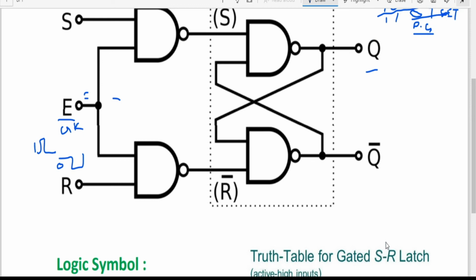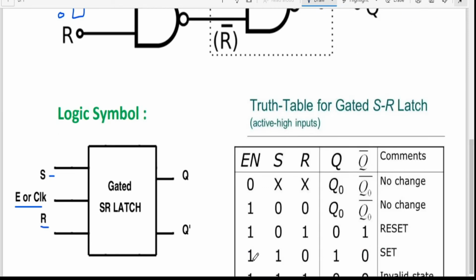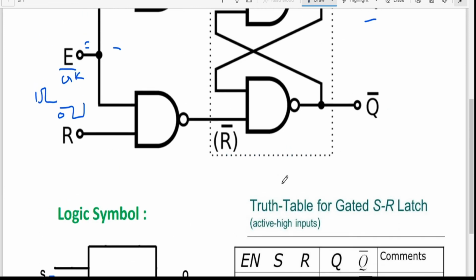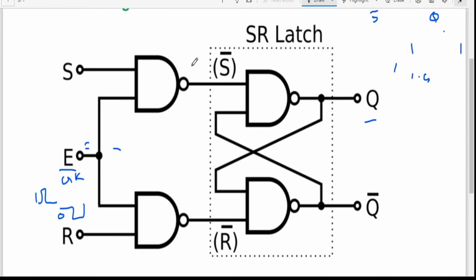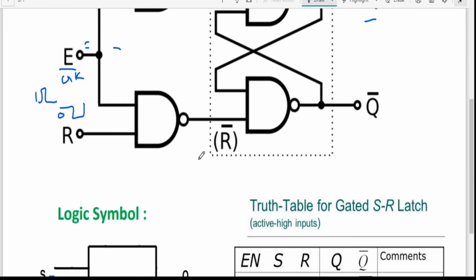Once again, let me explain. Case 1: initially enable input is 0, and S and R are both 0 0. Whenever we give an enable input of 0, the outputs of both NAND gates will be high.